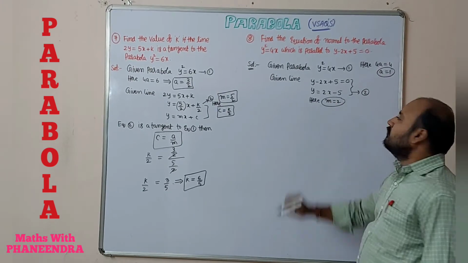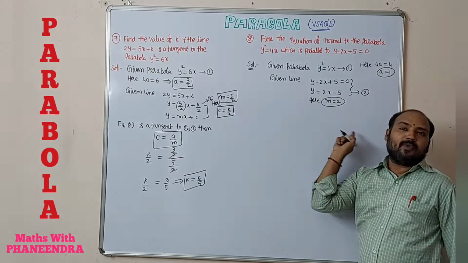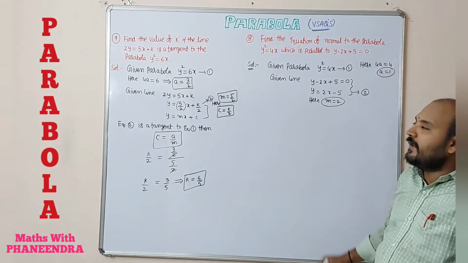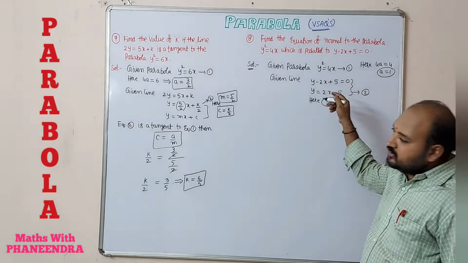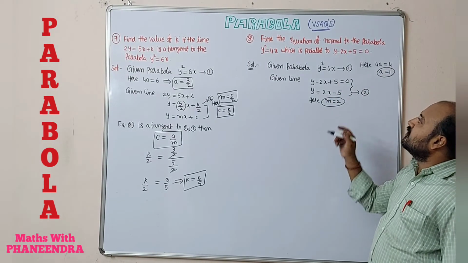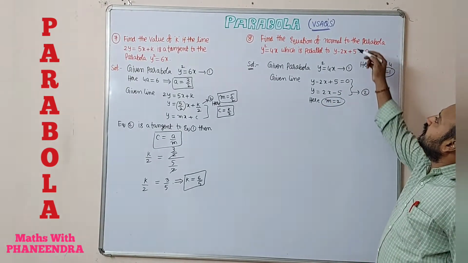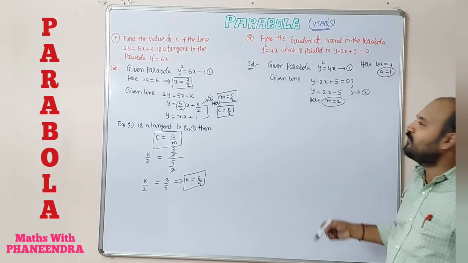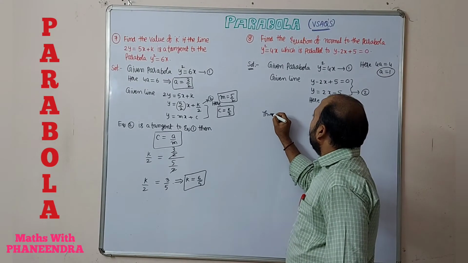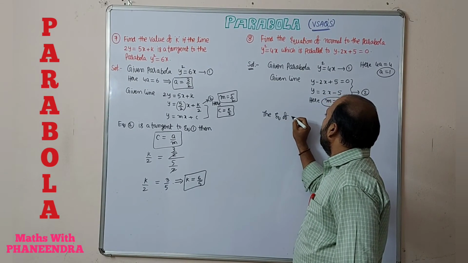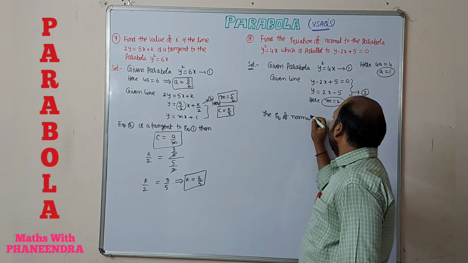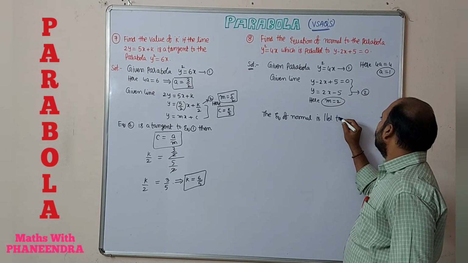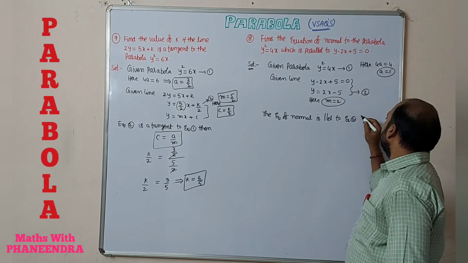I want only m. Y is equal to mx plus c. If you compare, m is equal to 2. The required equation of normal is parallel to this one. So the equation of the normal is parallel to this one, means parallel is tangent only, no? The equation of normal is parallel to equation 2.